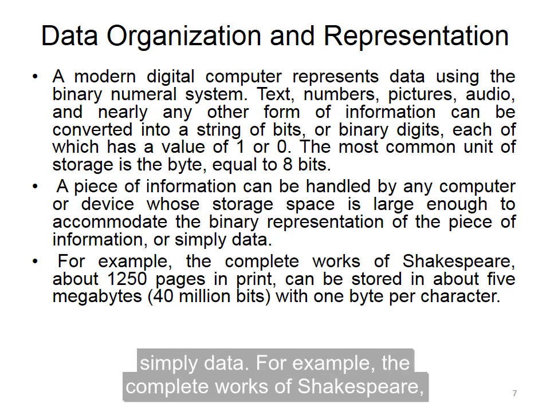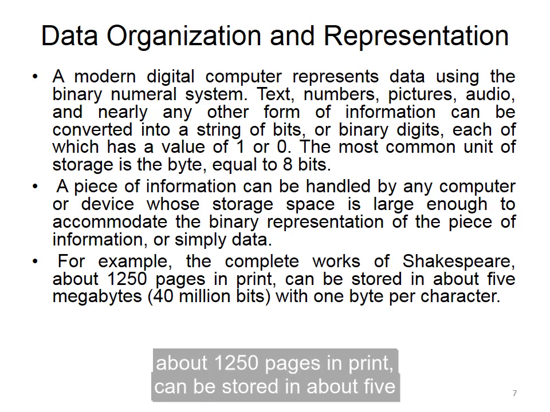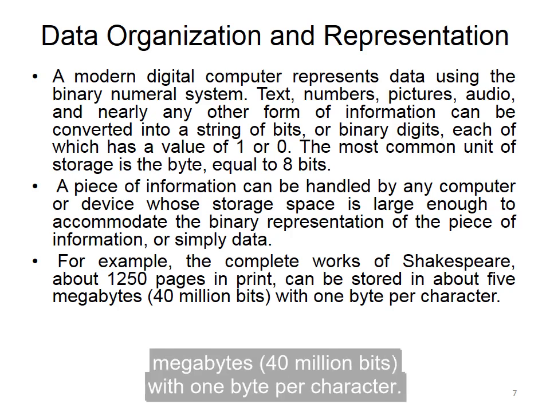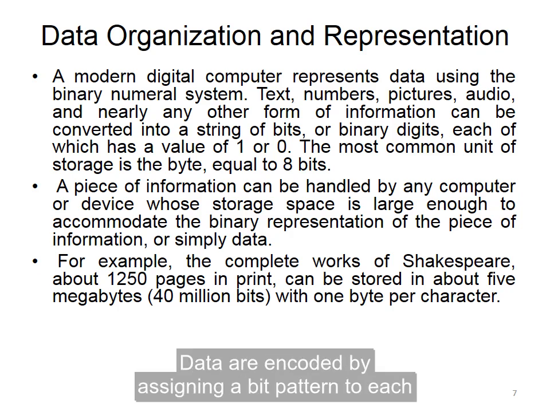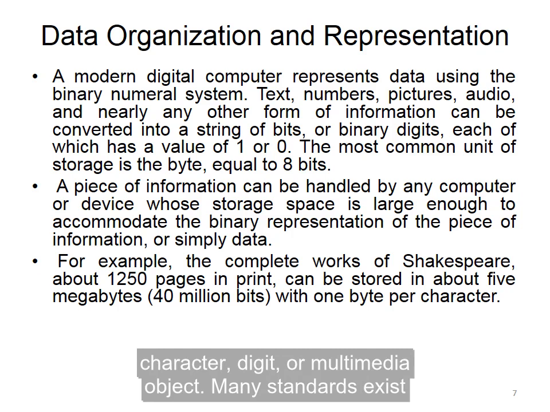For example, the complete works of Shakespeare, about 1250 pages in print, can be stored in about 5 megabytes, or 40 million bits, with 1 byte per character. Data are encoded by assigning a bit pattern to each character, digit, or multimedia object.